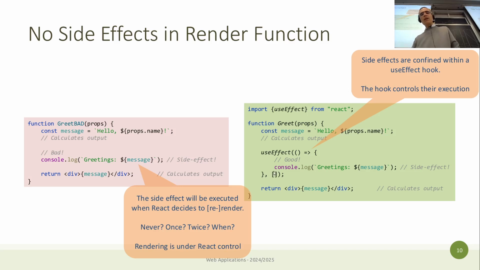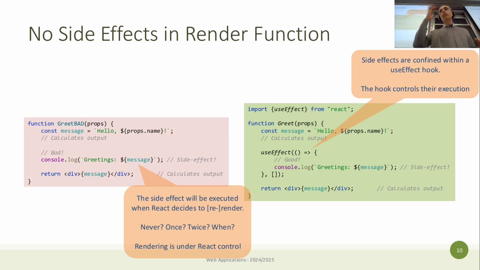And depending on the second parameter, this function will be executed once, many times, every time, and so on. We will discuss this in a minute. What you shouldn't do is what you see on the left: console log directly in the code of the component, because this is executed every time the component is being rendered, every time React decides to render the component.